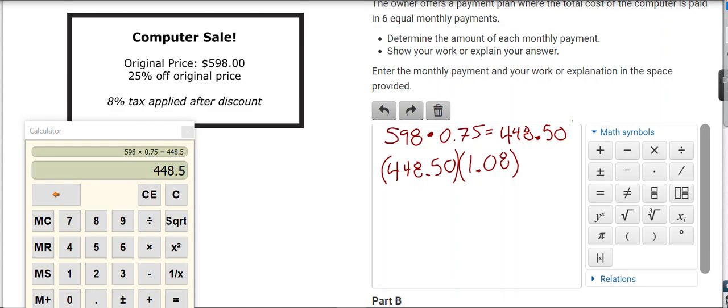You're going to multiply it by 1.08 because you're trying to figure out what the price plus tax is, and so you have to do 100% of it plus the 8% for tax. Exactly. So the 1 represents the cost of the computer. The 0.08 represents the tax that I'm adding to it. So I'm going to go ahead and multiply this by 1.08.